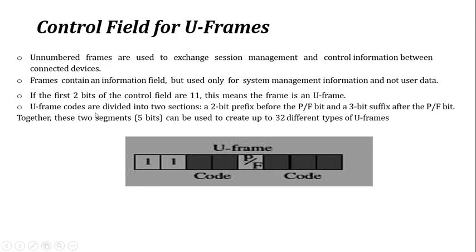U frame codes are divided into 2 sections: a 2-bit prefix before the P/F bit and a 3-bit suffix after the P/F bit. Together, these 2 segments, 5 bits, can be used to create up to 32 different types of U frames. You can see here 1, 1, followed by code, P/F, then followed by 3 code bits. So this is for the U frame.